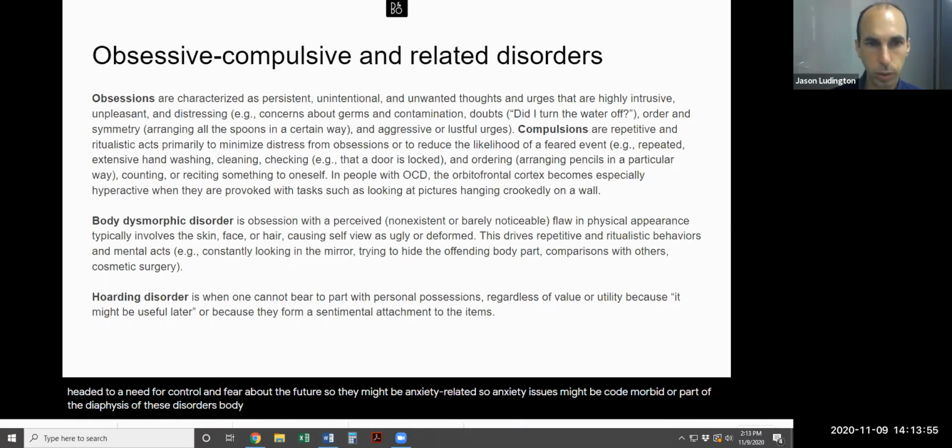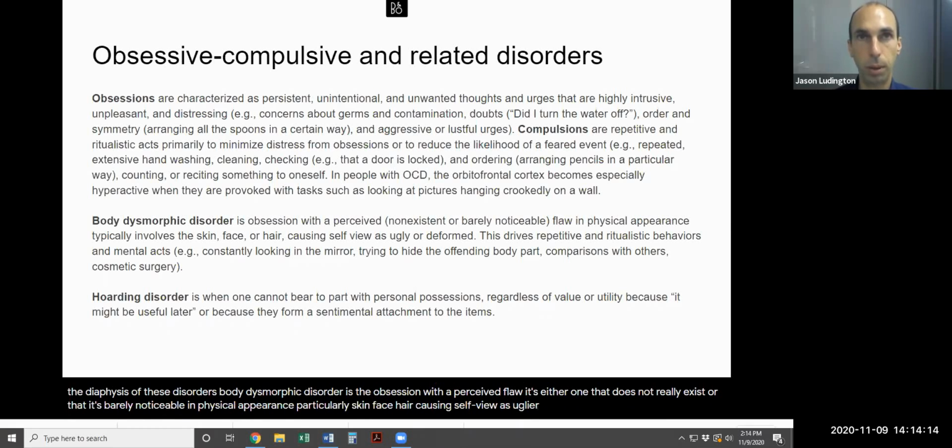Body dysmorphic disorder is the obsession with a perceived flaw, either one that does not really exist or that's barely noticeable, in physical appearance, particularly skin, face, hair, causing self-view as ugly or deformed.